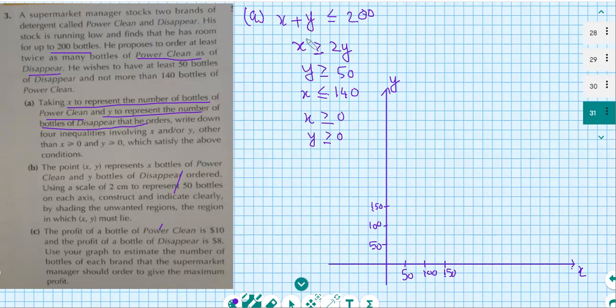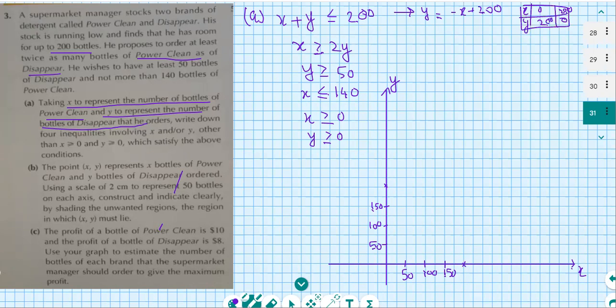Now plot the inequalities. The first one is X plus Y. It can be written as y equals minus x plus 200. So the gradient is minus 1, or we can draw the table for it. This is x, this is y. Put 0 first, so we get 200. For 200, we get 0. So the point 0, 200 is this, and 200, 0 is this.